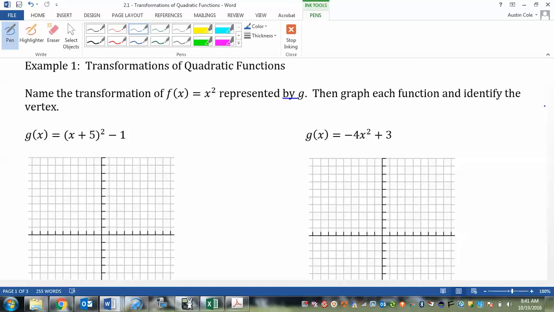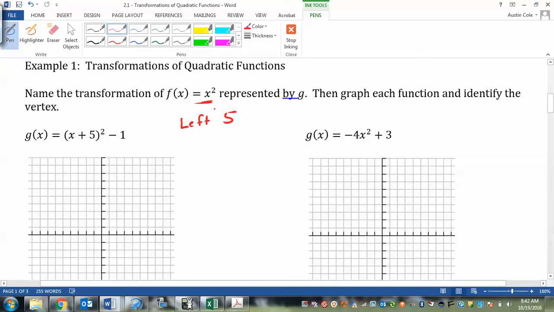What's this plus 5 gonna do? Move it left or right. Which way, Trayla? Left or right? It's going to go left. Remember, it's opposite, so it's going to go left 5. So comparing to the parent function of just x squared, this is going to be left 5 units.